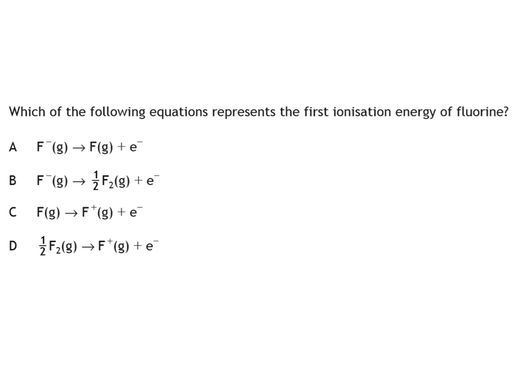So we're looking for which of these is gaseous atoms. It's not A and B because they're both gaseous ions. D is half a mole of an F2 molecule, so not individual atoms. So the answer is therefore C, and let's just double check. We've got 1 mole of electrons being removed from 1 mole of gaseous atoms, and we're forming 1 mole of gaseous ions. So C is the correct answer.